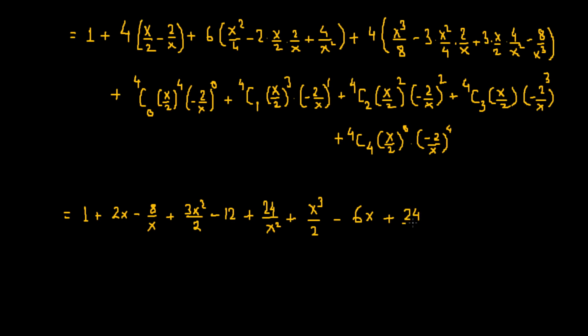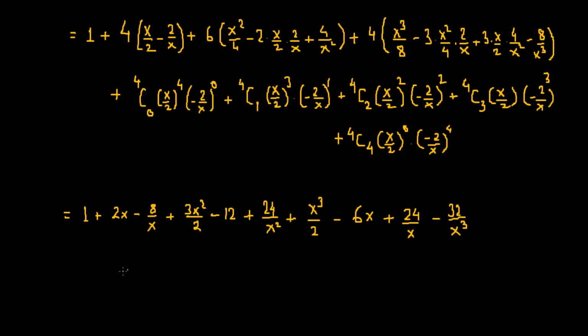So this is 24, so there's an x squared term in the denominator and one x in the numerator, so they get factored out, we're left with x in the denominator. So it's 24 over x minus, 4 times 8 is 32, so 32 over x cubed.